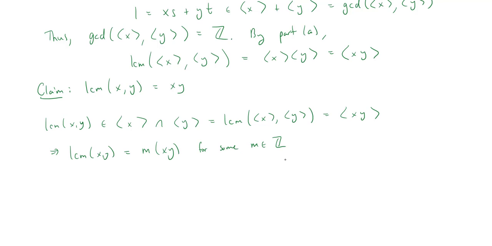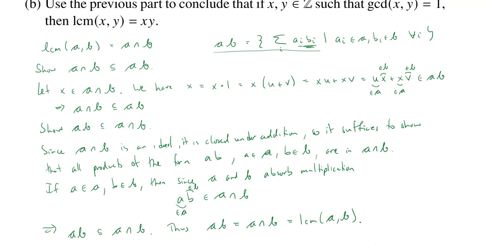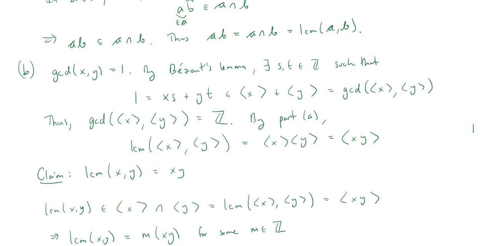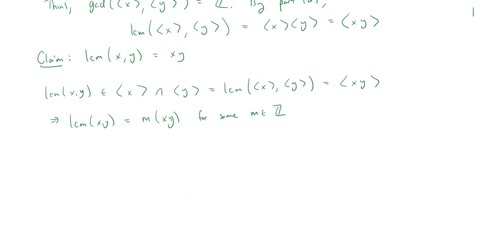Okay, but we also know that it's the least common multiple. And at this point, I see there's actually a small typo in the problem, really an omission. So we definitely want to assume here, as one normally would, that x and y are positive integers. That way everything here has to be positive, right? So we know that x times y is a positive integer.